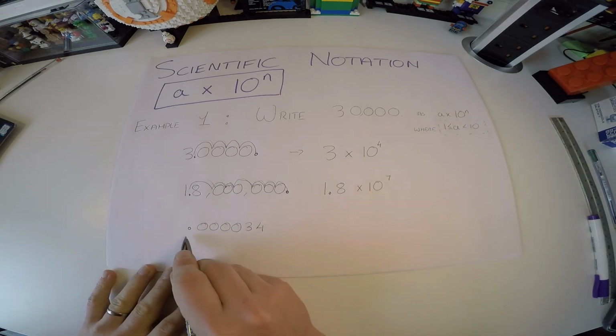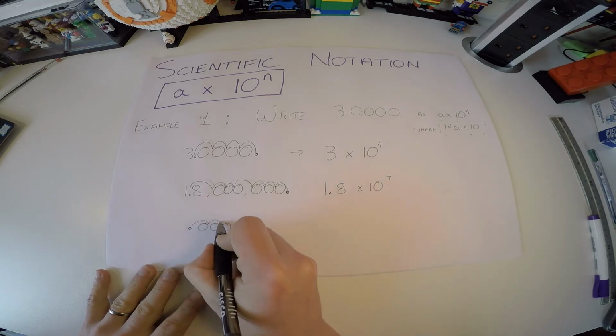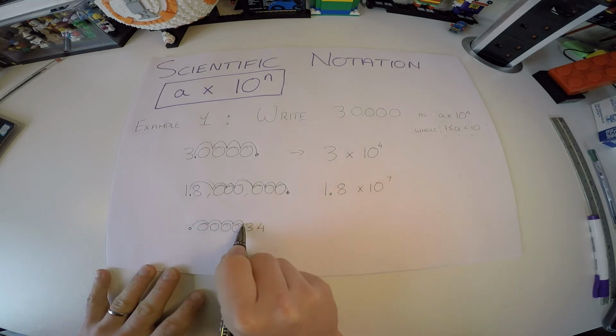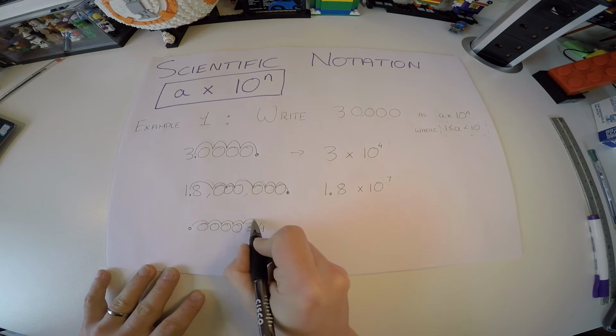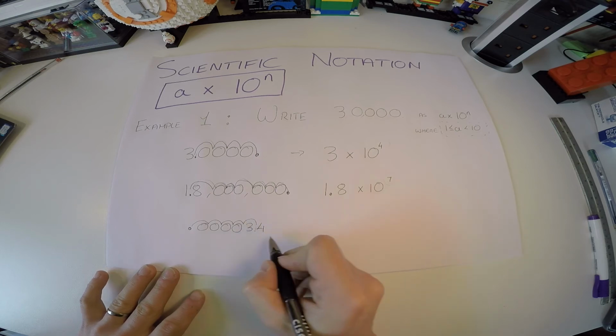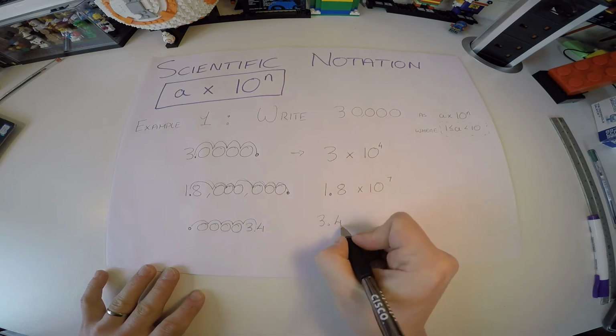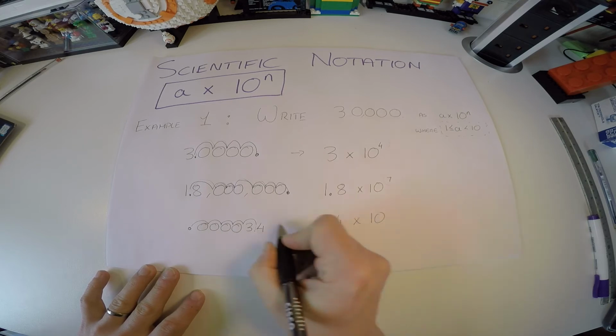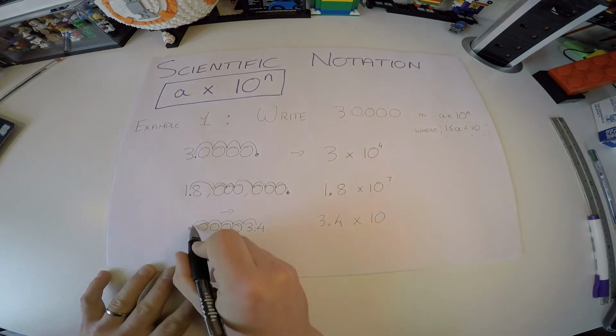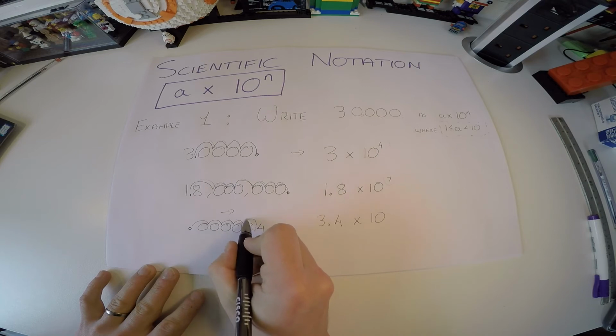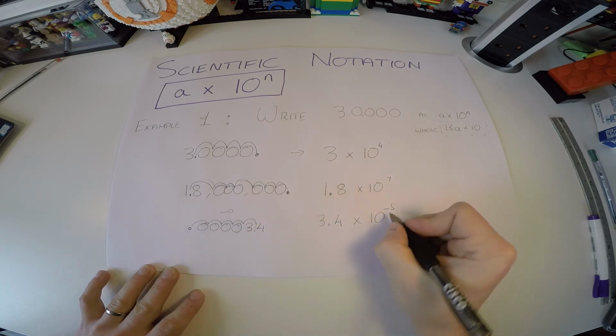So let's hop the decimal point this way. So we go 1, 2, 3, 4. We can't stop here, we have 34. 5. So the decimal point now comes in here. So I have 3.4 × 10. Now since I went to the right, I went 1, 2, 3, 4, 5, it's actually a minus 5.